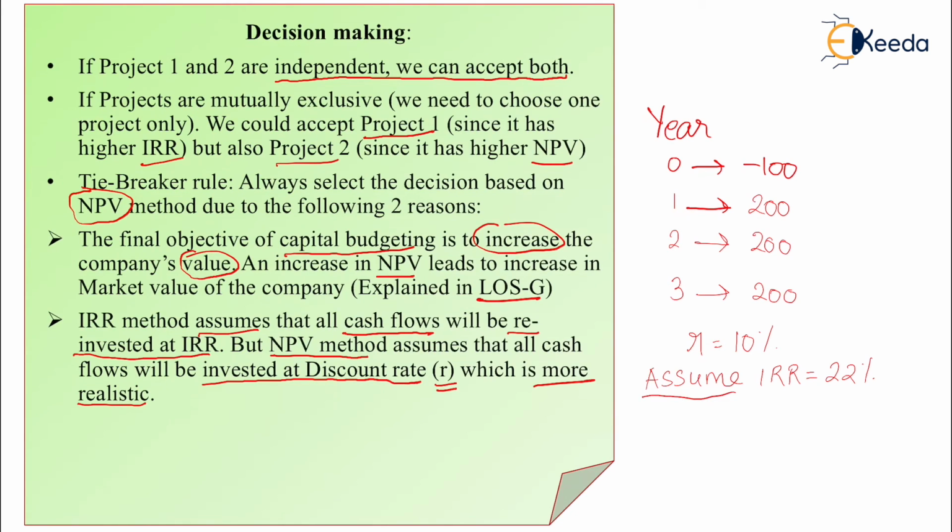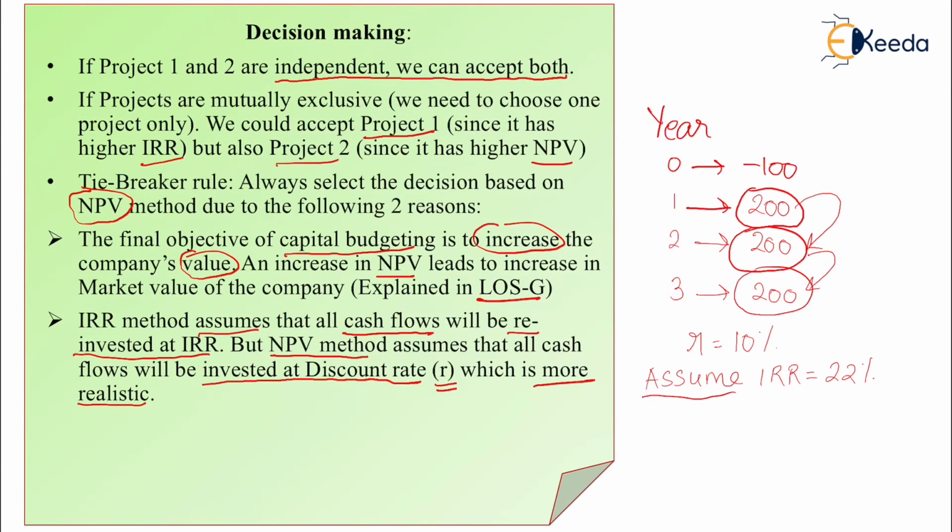Now what does the second reason mean? Basically, it says whenever in year one you've earned $200, you will reinvest that $200 in your business and then earn profits out of it. Again, after the second year you've earned 200, you will reinvest in your business and earn profits, and then again you are getting 200 at the end of year 3.